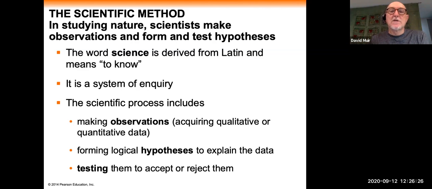The very first step in any scientific endeavor is observation, observing certain phenomena. And the scientist is distinguished from other observers because they acquire data, either qualitative, descriptive data, or quantitative data in the form of statistics, of numbers.